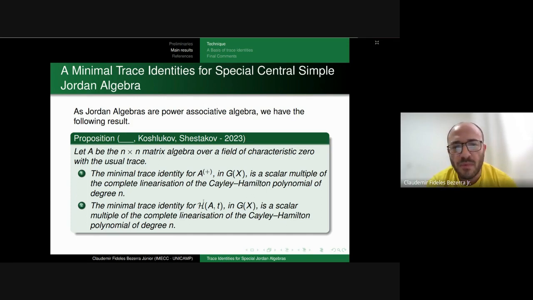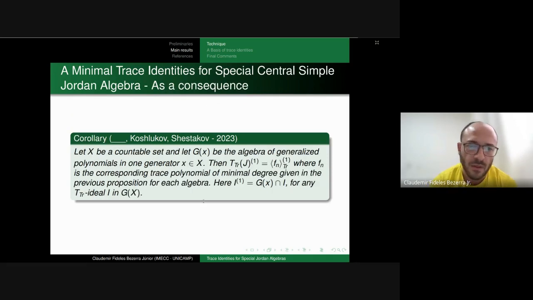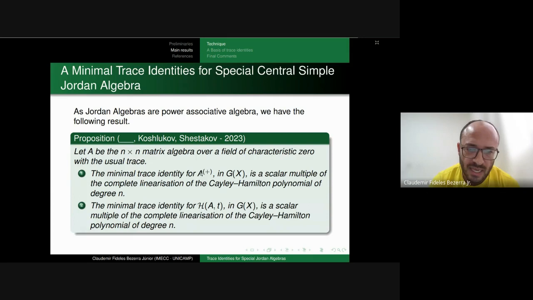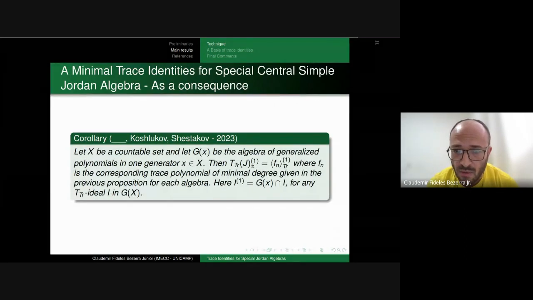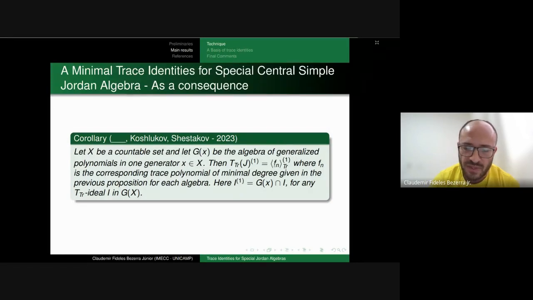In this case, we can draw your attention to this element: we can see only one generator in the set X. As a consequence of this result, when we consider the algebra of generalized polynomials in one generator, for example X in the set X, the T-ideal of trace identities of the Jordan algebra is equal to the T-ideal generated by the Cayley-Hamilton polynomial of degree n.